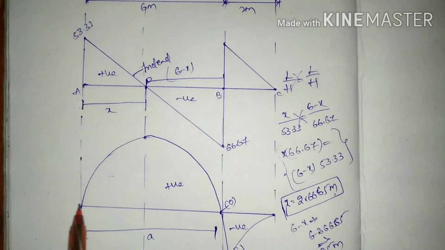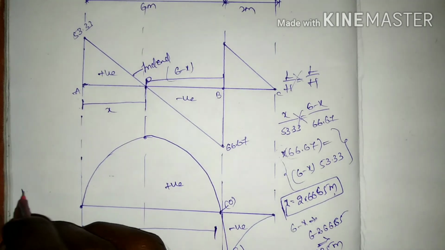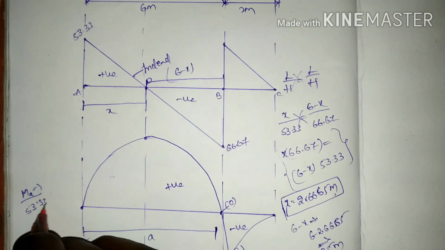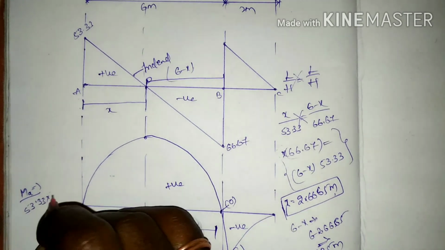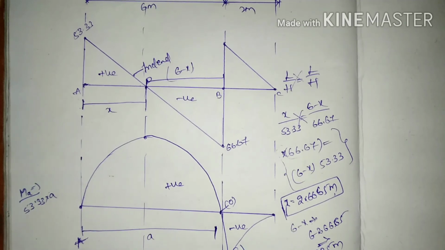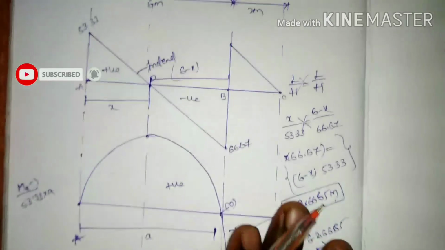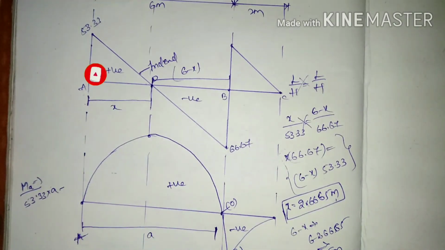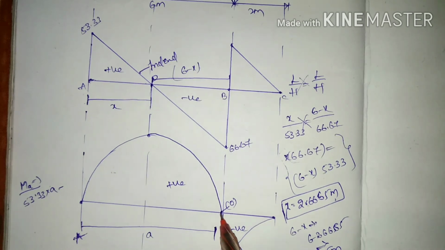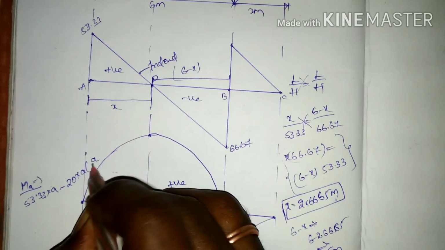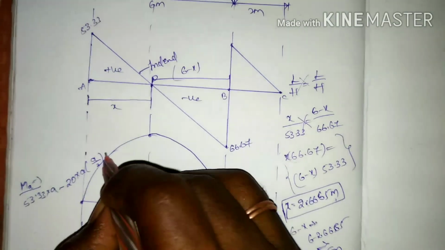Here let us take RA and take the moments about small a, that is 53.33 into the distance a, because we are taking the moments from RA, and next minus, from A to B, in between there is always UDL, so that a distance minus 20 into a, taking the moment from the midspan a by 2, is equal to 0.